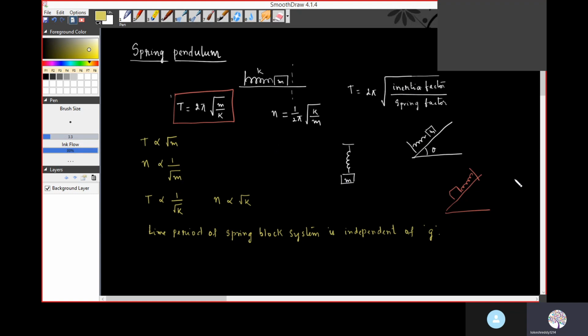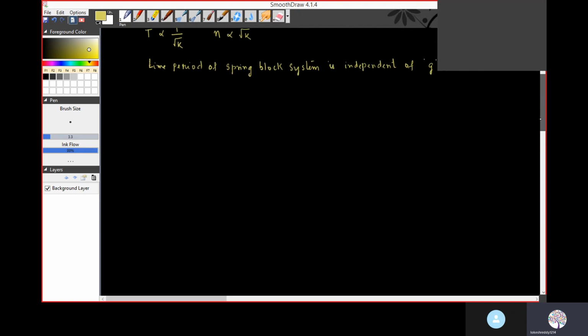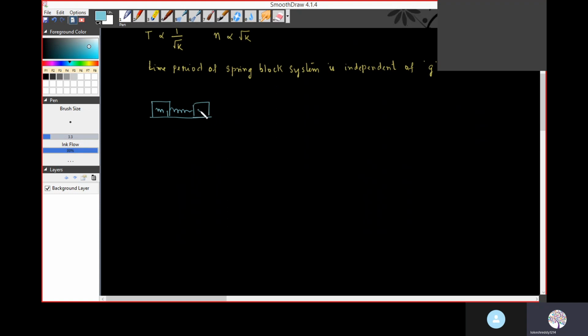Now the next concept is if you have a block of mass m here, and let us take this as m1 and this as m2, and the force constant is k.